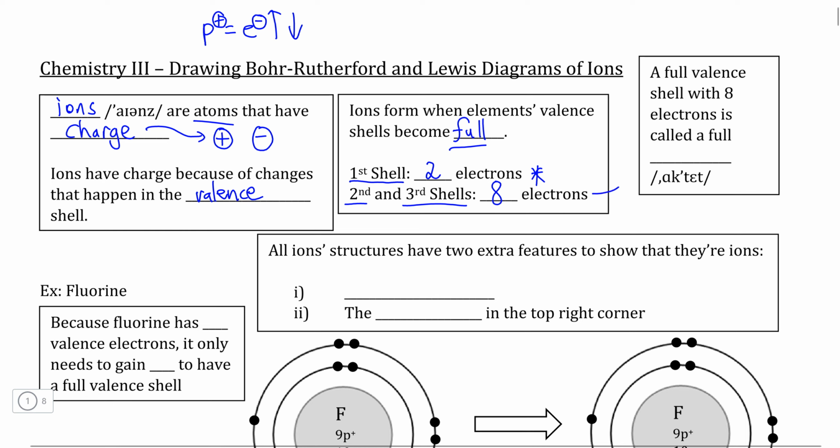As a consequence of that, we have a special name for when the valence shell has a full set of 8, which is what we call an octet. So, for example, a set of 4 is a quartet, or a set of 5 is a quintet. Oct, as we will see, is the numerical prefix that means 8.